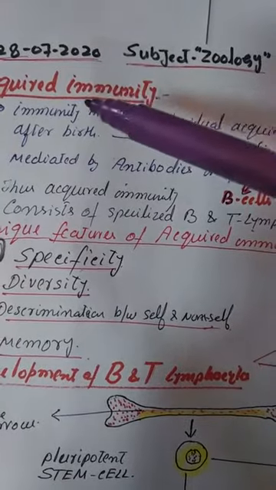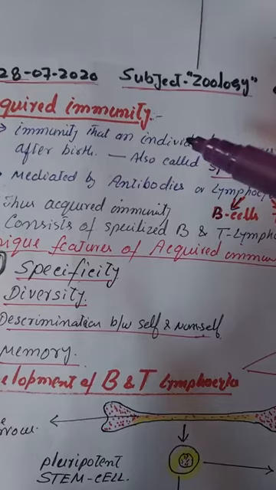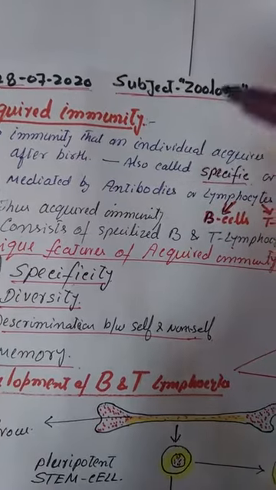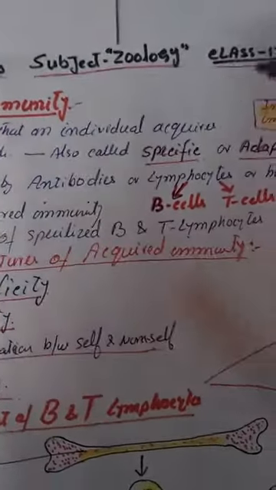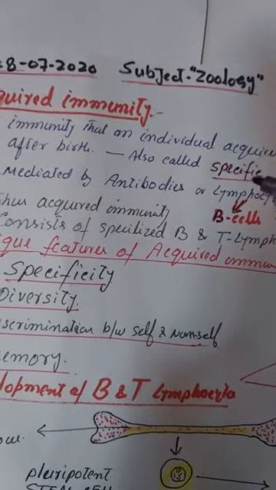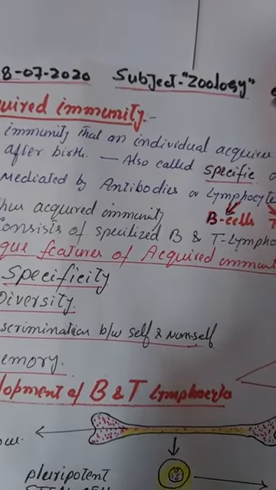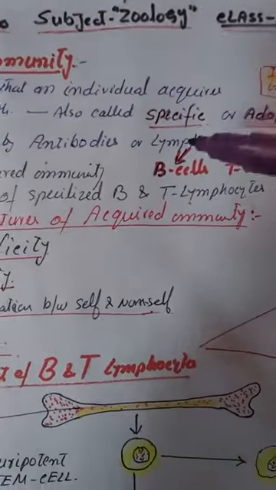The immunity that an individual acquires after birth is called acquired or specific immunity, also known as adaptive immunity.